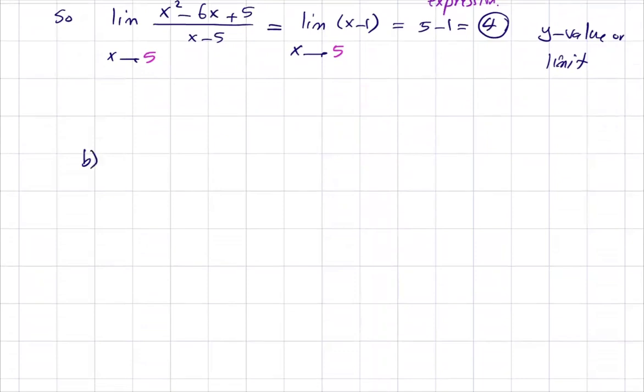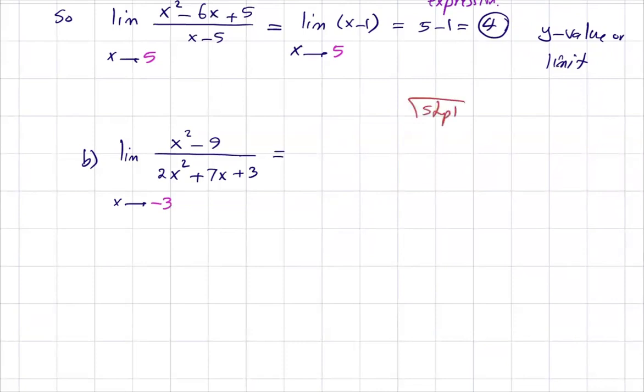Another one, for example, we're interested in calculating the limit of x squared minus 9 divided by 2x squared plus 7x plus 3 as x is getting closer and closer to negative 3. Remember that you're applying step 1, which is direct substitution.